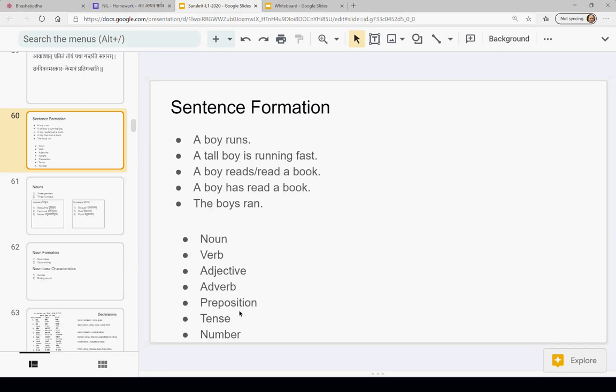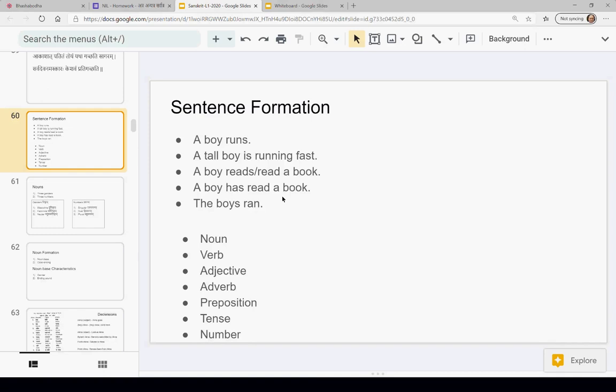And an article may be there, like the boy, a boy. Tense is also important in a sentence, like in what time. Runs is present tense, and read the book, has read the book are past tense. Different tenses could be there, and also number, like the boys ran, plural, singular. The number is important, and the other aspects are important in a sentence.